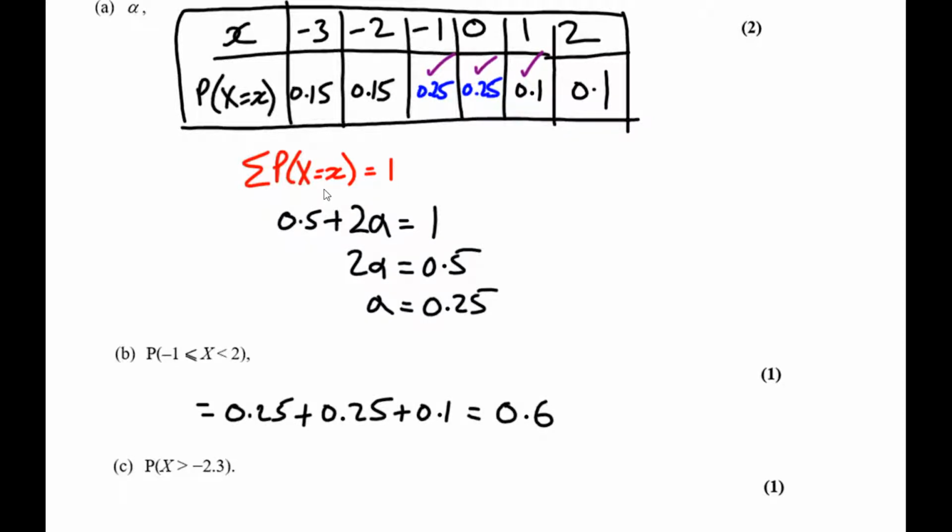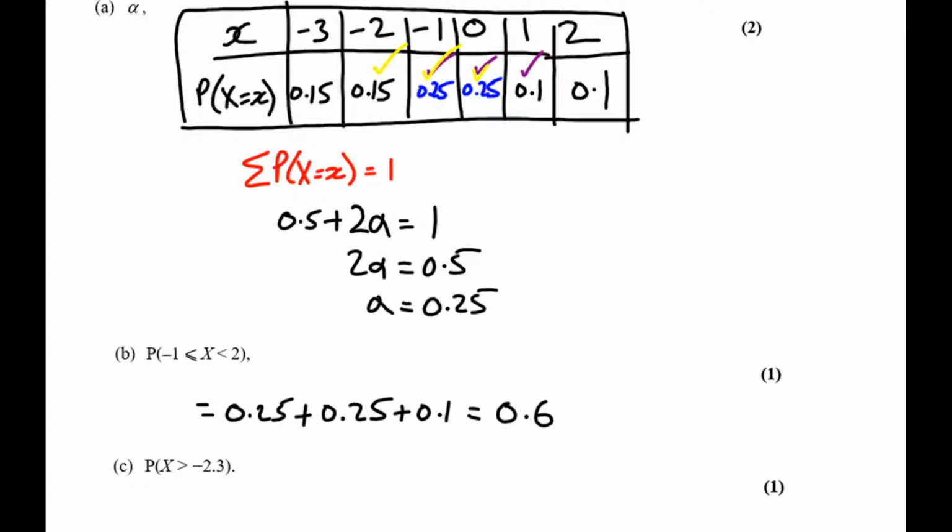And the last one here, the probability that x is greater than -2.3. Looking at all of those values, we just want to ask ourselves the same question: which of these are going to be greater than -2.3? Well, -3 is not going to be included. -2 is definitely greater than -2.3.